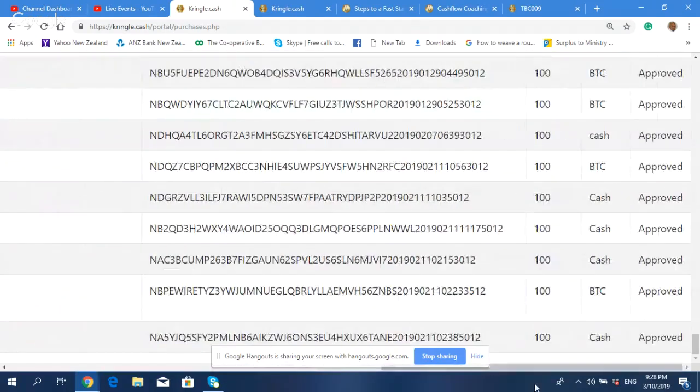It will come through with two headings on it: approved or reject. So if you're happy with the transaction, this is the one that's selling the TBC. If you're happy with the transaction, then you approve it. If you're unhappy, don't approve it.